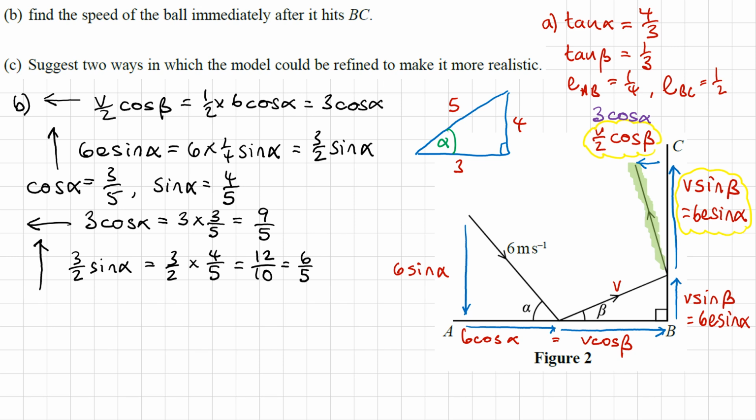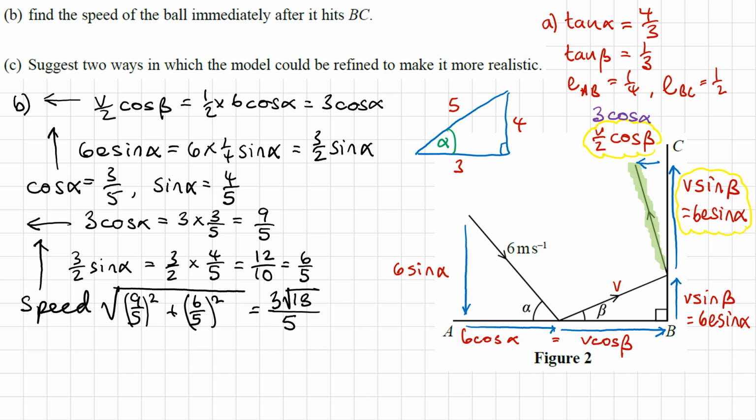So the speed is going to be the square root of 9/5 squared plus 6/5 squared, and that gives an exact value of 3√13/5.